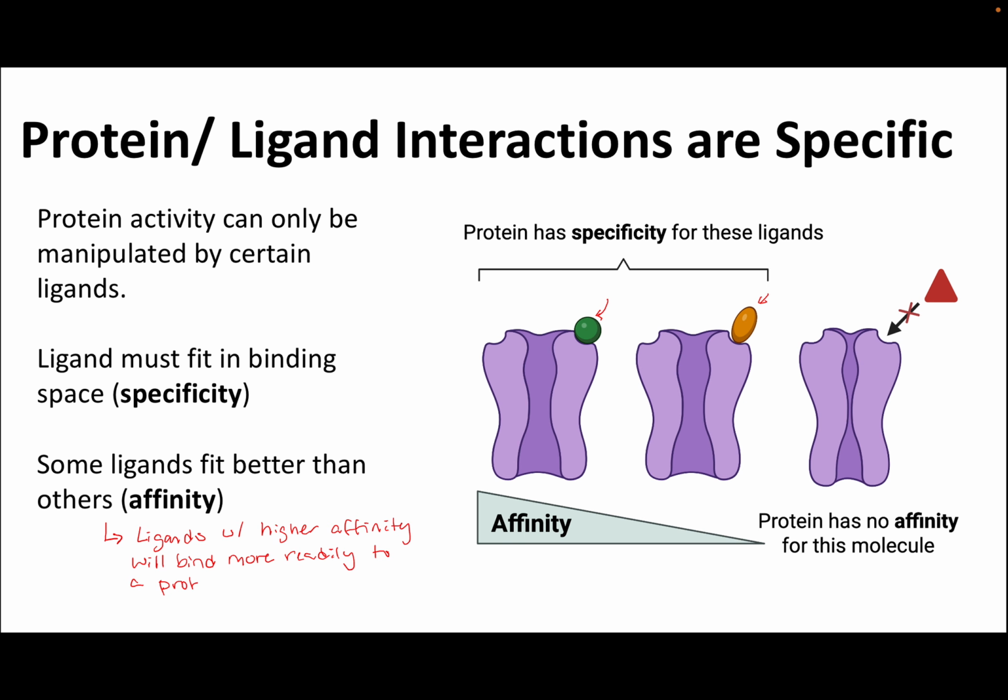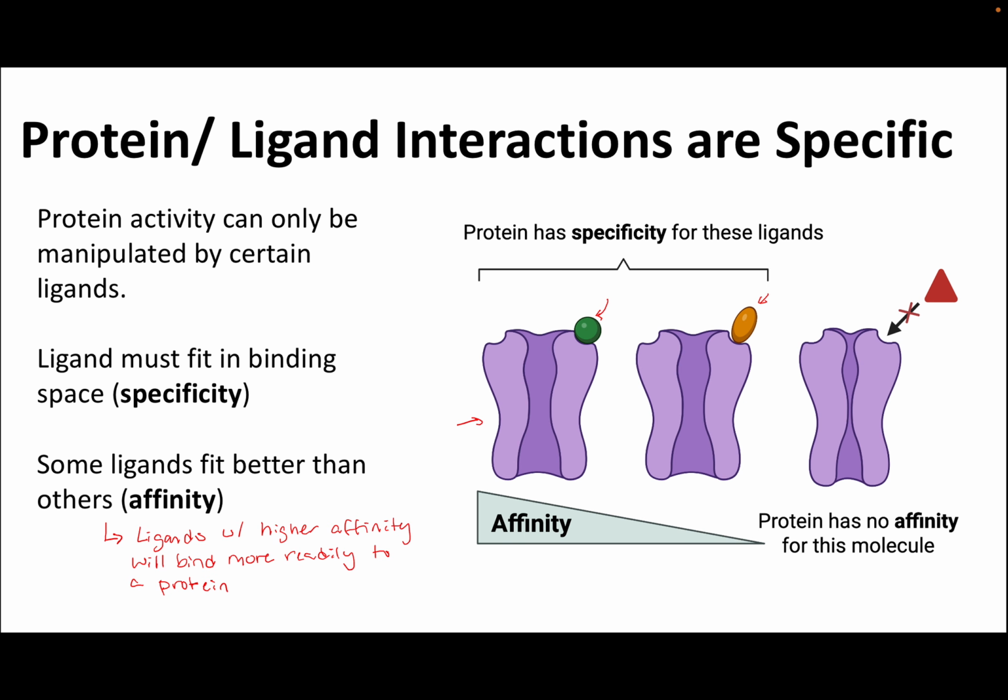So if you have a protein and you have equal amounts of two ligands, let's say that I have this sodium channel protein and I have an equal quantity of the green ligand and the yellow ligand. Even if I have equal amounts, I'm going to have a greater rate of binding of the green ligand than the yellow ligand because it has a higher affinity for that protein, okay?